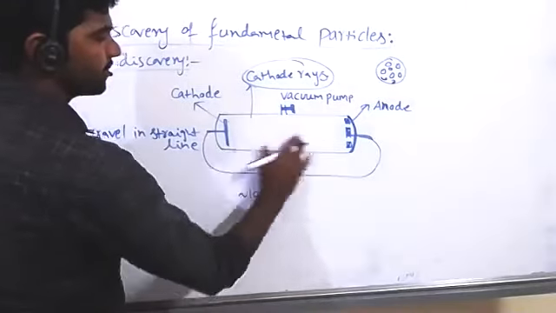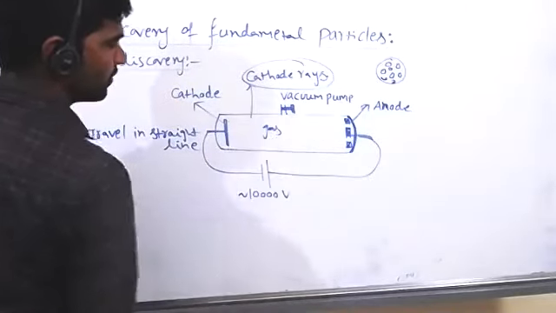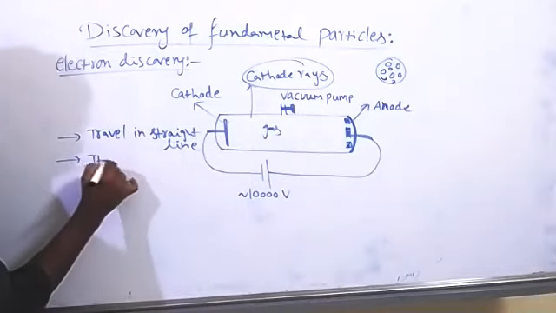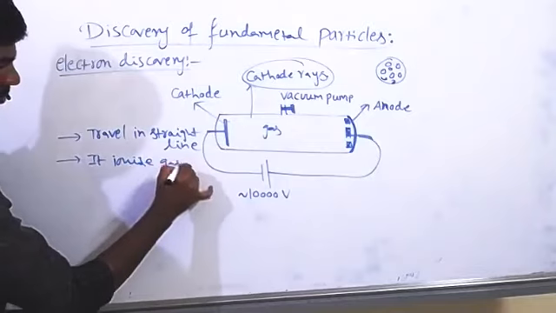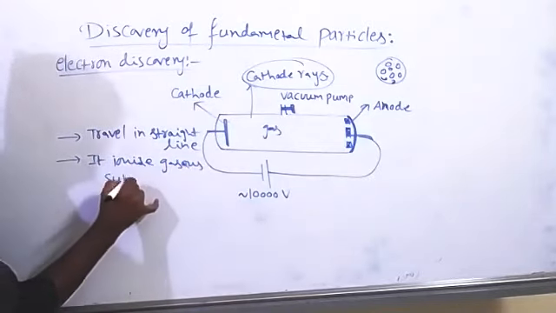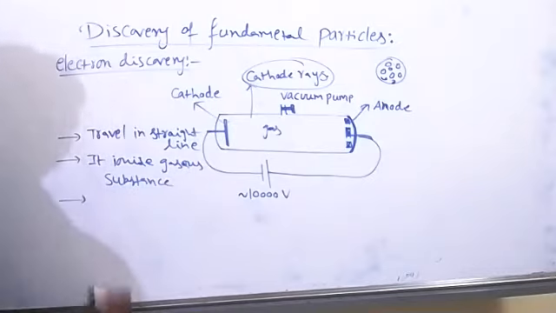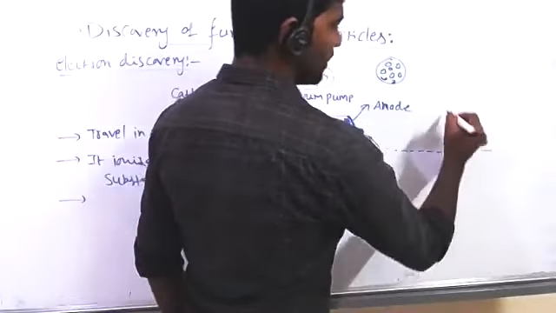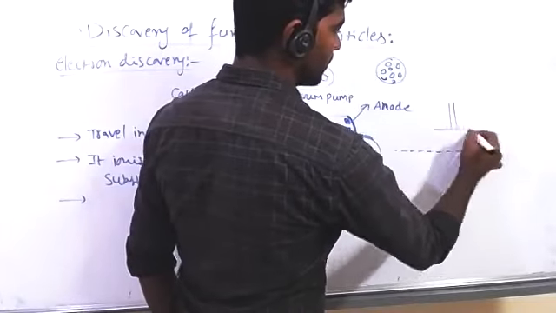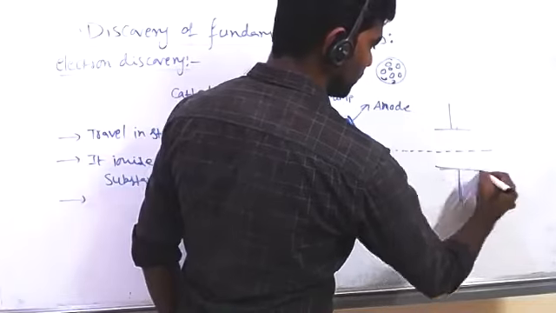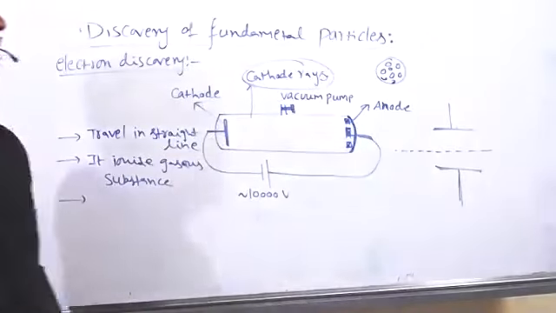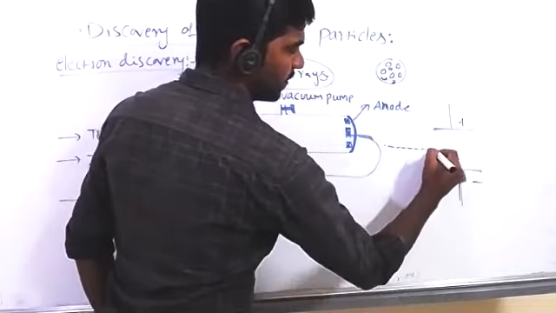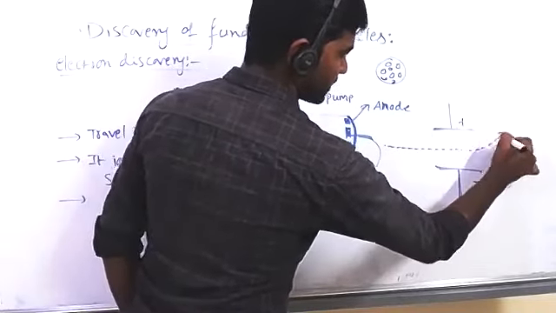When we keep any gas in the path of cathode rays, the cathode rays have the ability to ionize the gaseous substance. And when we apply an electric field in the path of the cathode ray, between anode and cathode, the cathode rays are deflected towards the anode plate side.